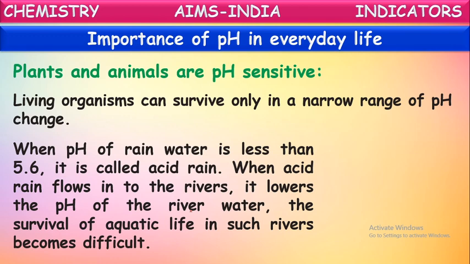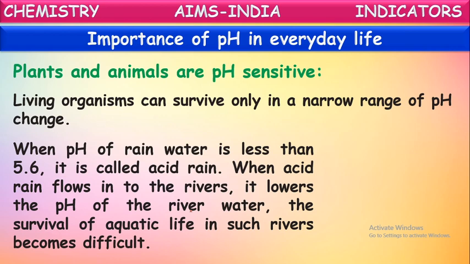When acid rain flows into the rivers, it lowers the pH of river water. The survival of aquatic life in such rivers becomes difficult. As this rainwater is acidic in nature, it reaches the rivers and dissolves. So the aquatic animals living in the water face some difficulty consuming this water with a pH less than 7.